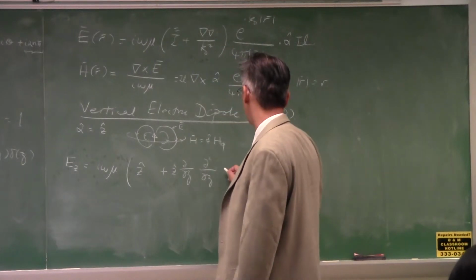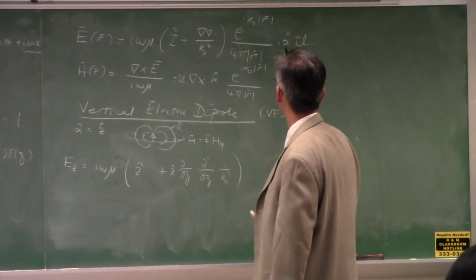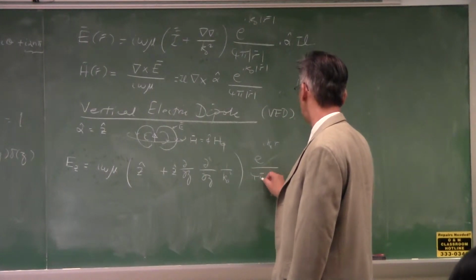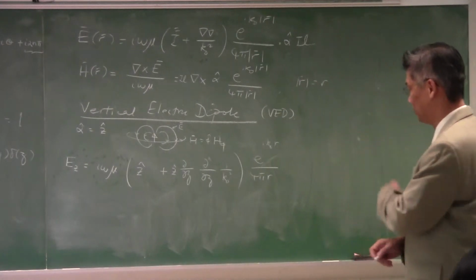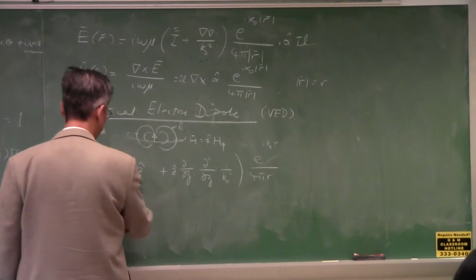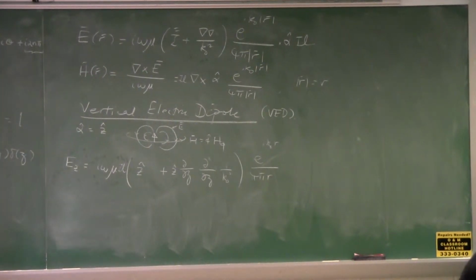And then I have to put the k naught somewhere. Maybe I can put the k naught squared somewhere here. And then e to the i k0 R over 4 pi R. Okay? And I have to put the IL somewhere. Let me put the IL here. And this is no good because it cannot propagate the spherical wave through a layered medium.